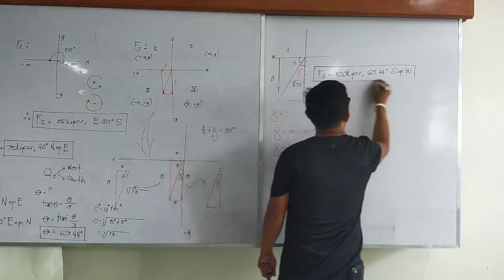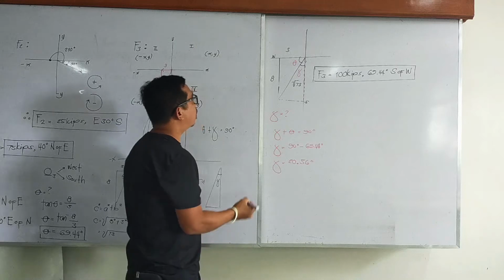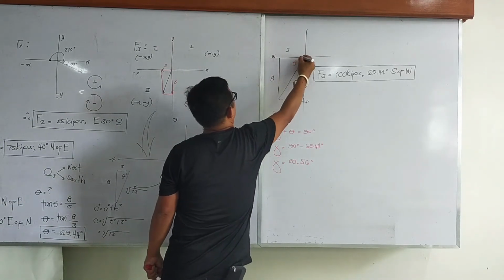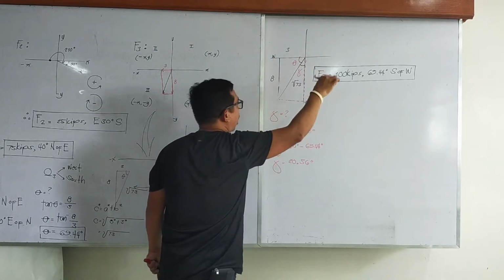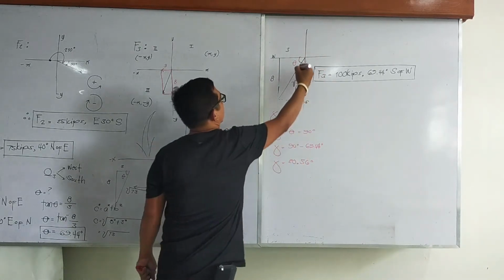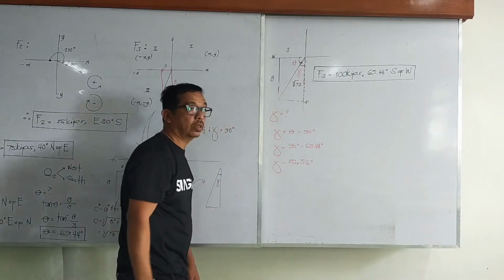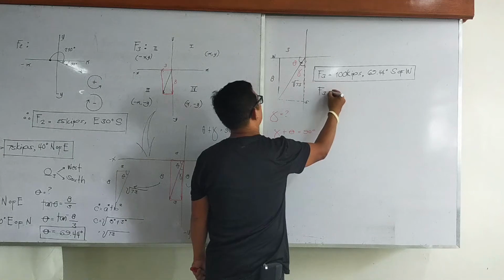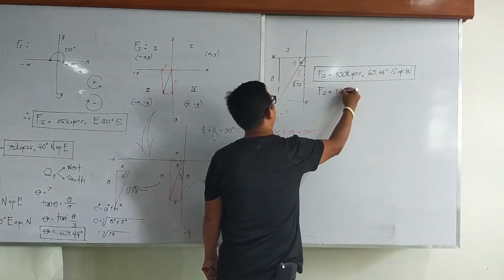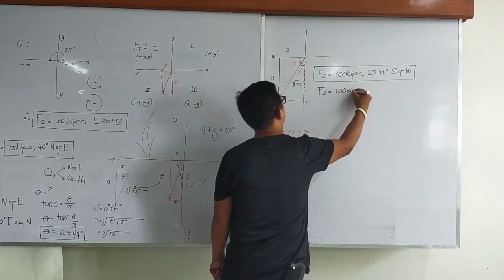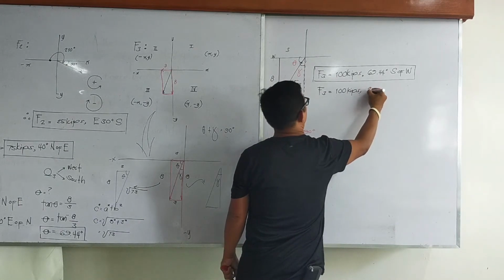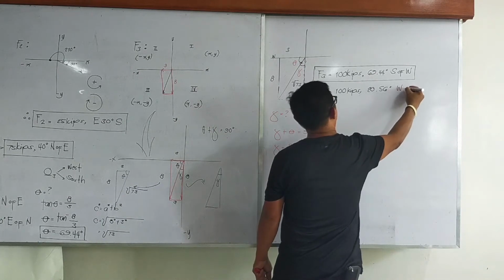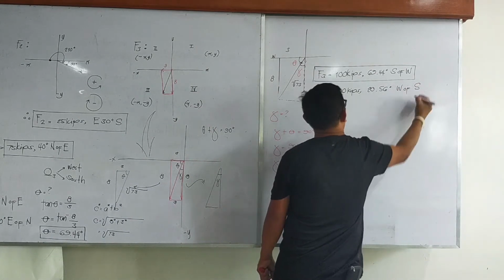Why south of west? Because we started from west on a counterclockwise rotation towards south. Or pwede yung kanyang complement, gamma, 100 kips, 20.56 degrees west of south.